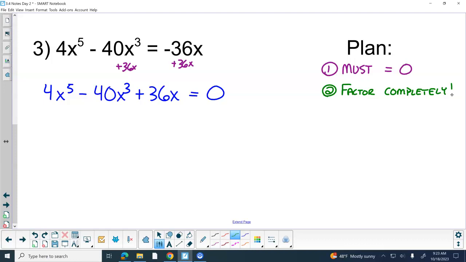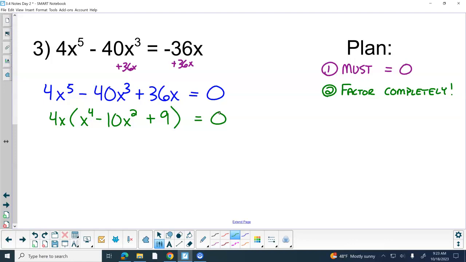4x. Okay. What's left over? x to the 4th minus what? 10x squared. Plus 9. Can my trinomial be factored?